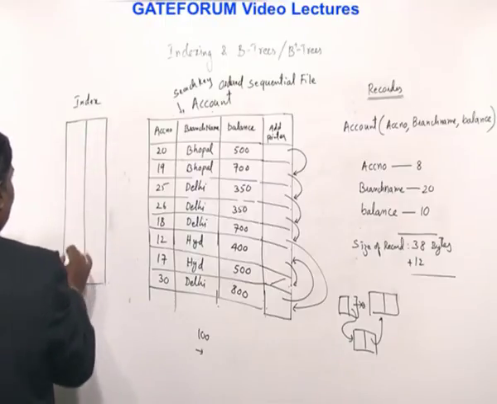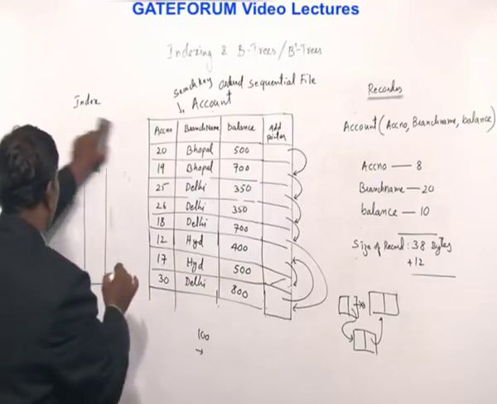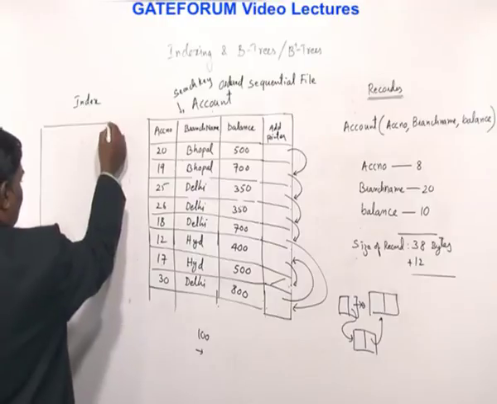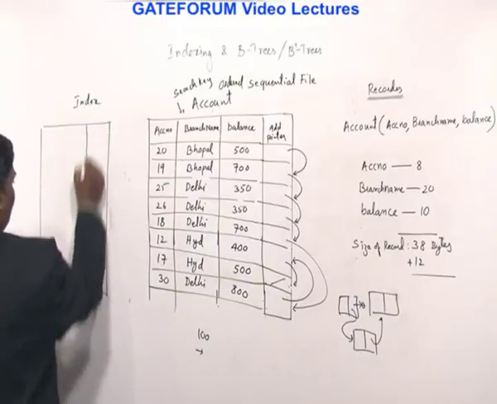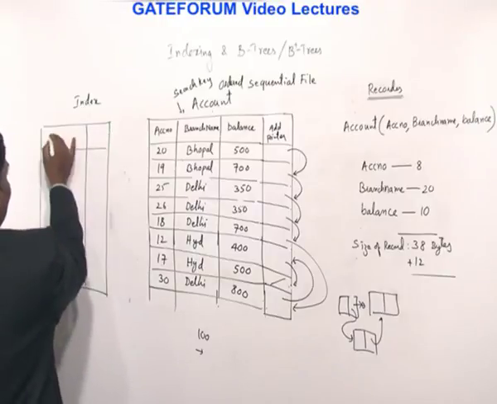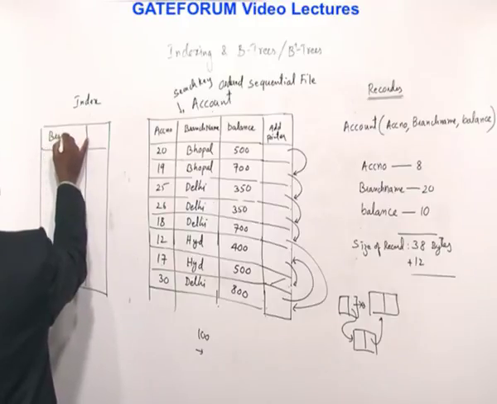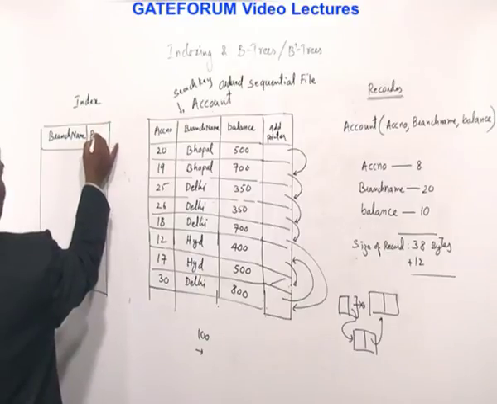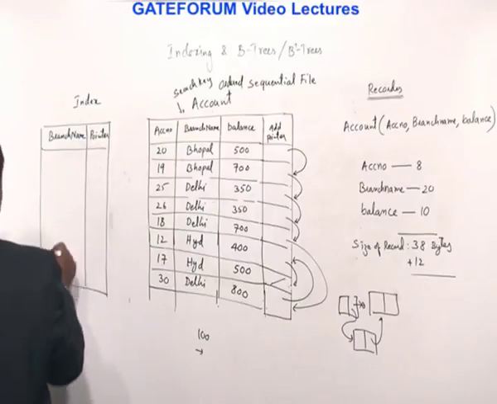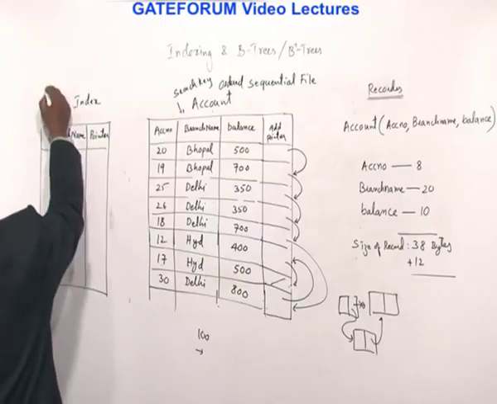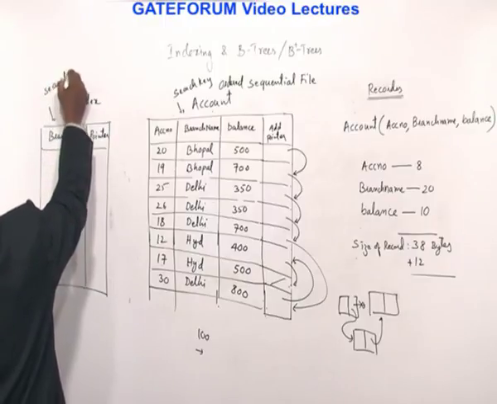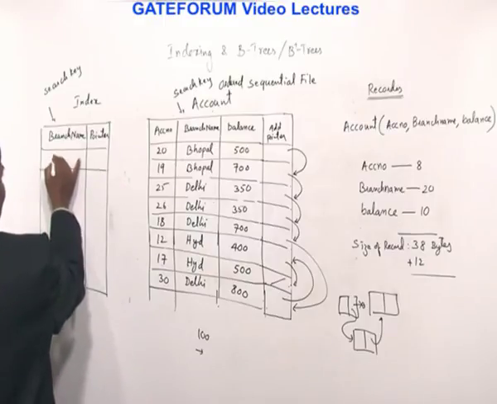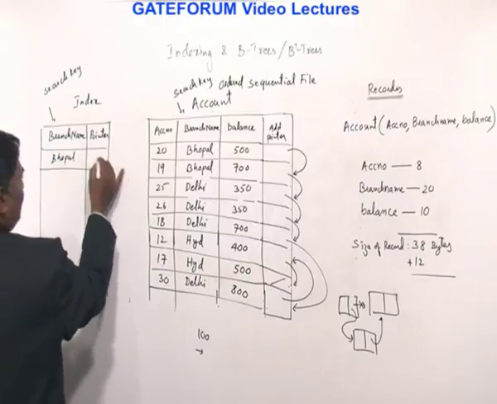Now, the index will contain branch name and pointer, that is link. This is our search key, right? So first is Bhopal.